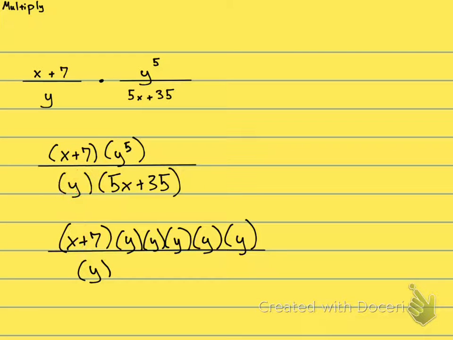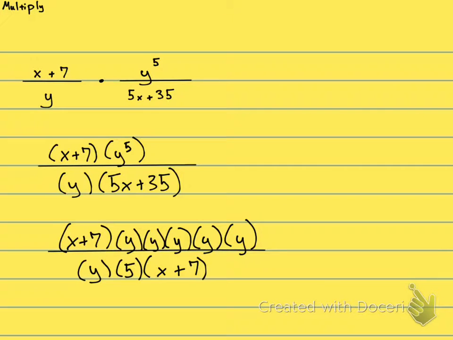And then this part, I can actually factor out a 5. 5 goes into both of these terms, so when I do that, I will be left with x plus 7. If you want to check that, you can distribute it back out and you get what you started with. Okay, now I have everything broken down.